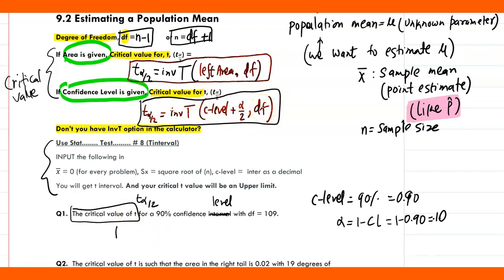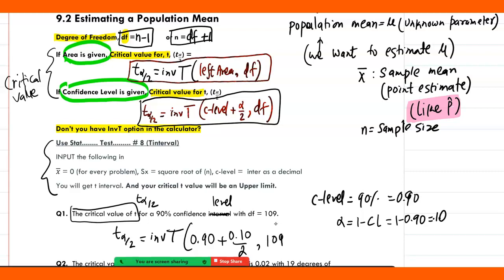Let's write down first. t alpha over 2 equals invT of C level, which is 0.90, plus 0.10 divided by 2, comma, degree of freedom is 109.